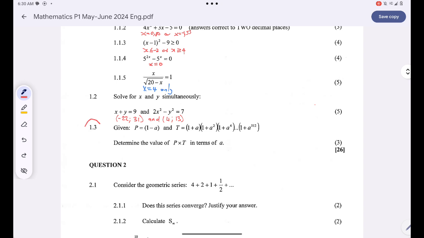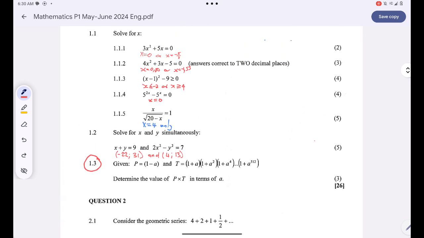If you get 1.3 correctly, you have a greater chance of getting full marks on paper 1, and on paper 2, if you get the last question on question 3 correct, you have a chance of getting full marks on paper 2 as well.